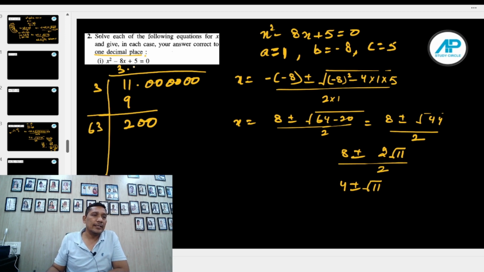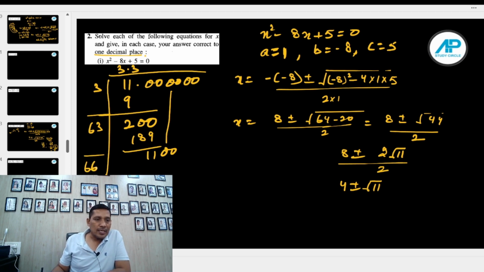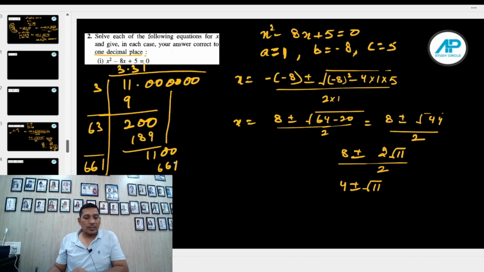You put 3 again here, 3 times, that is 9, and 189 gives you 11. Take down one more 0 here. Double it, 6, 6. And what can I put down here? If I put 2, it will be more than 1100. I should put 1 again here. I got 661. So 1100 minus 661 gives me 439. I can continue this forever, no? Because this is an irrational number. What you should notice is that I want to answer in one decimal place.